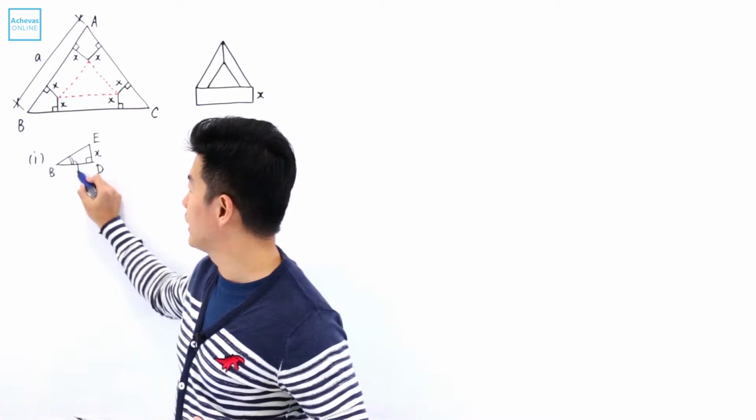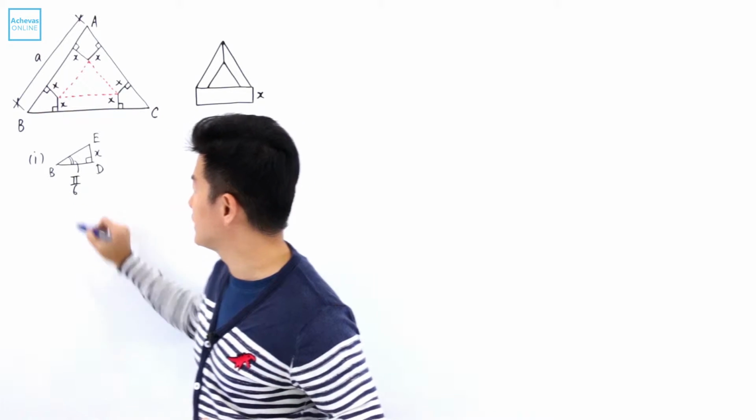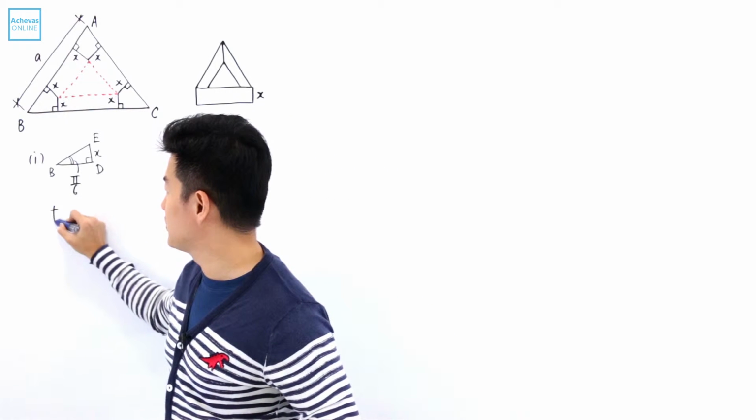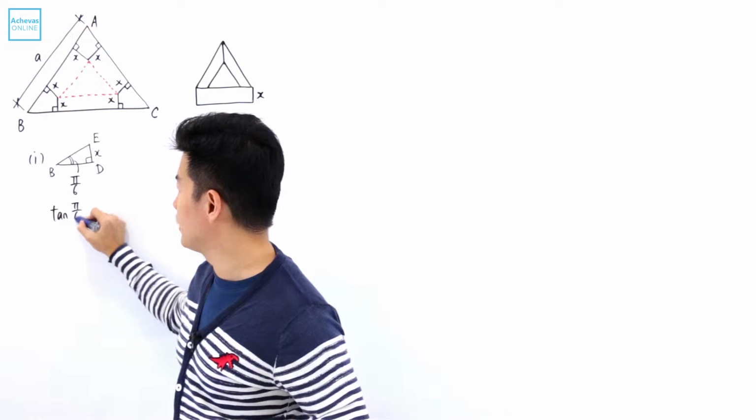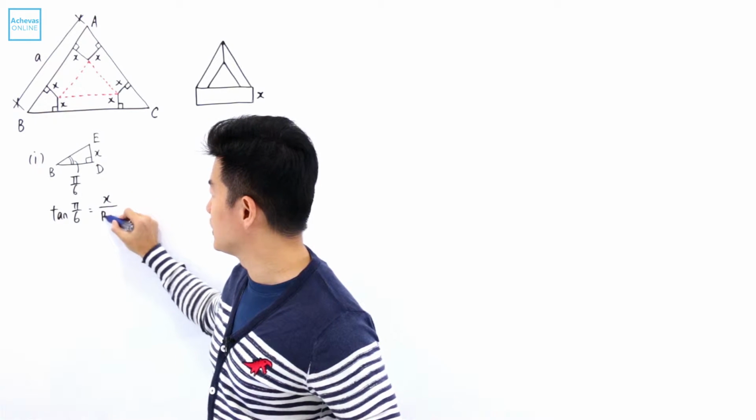So this small little angle here is going to be pi over 3 divided by 2, it is pi over 6.